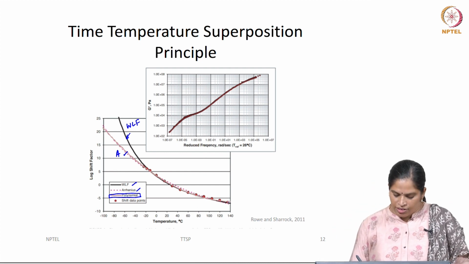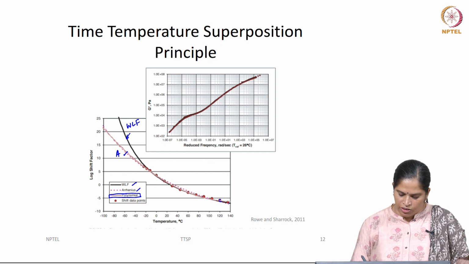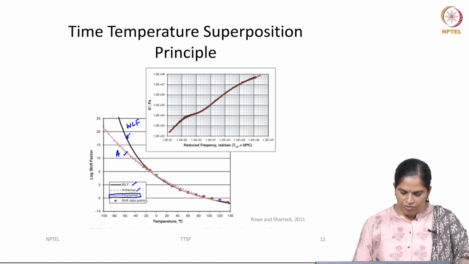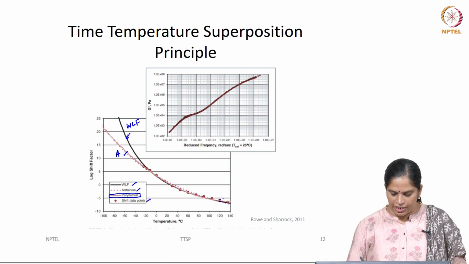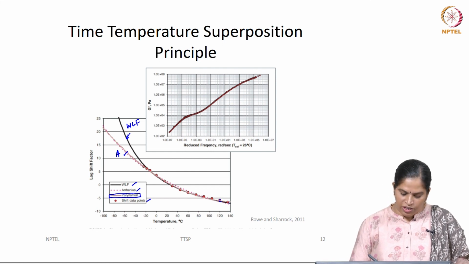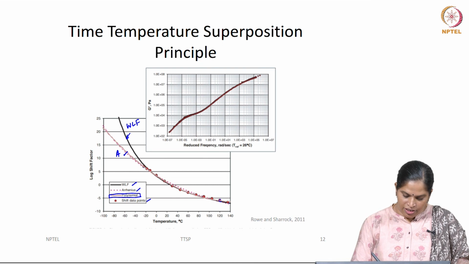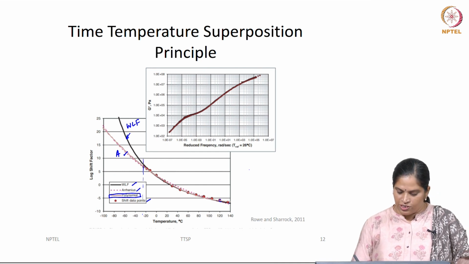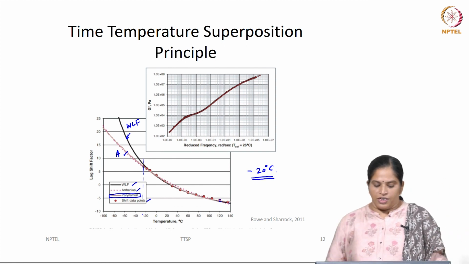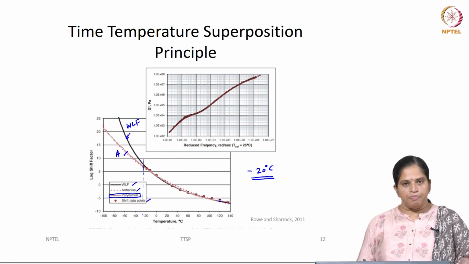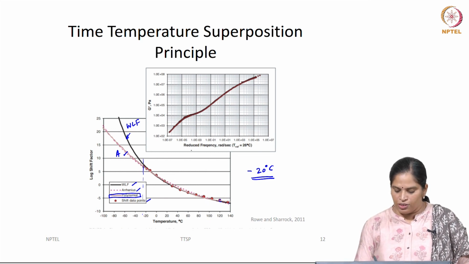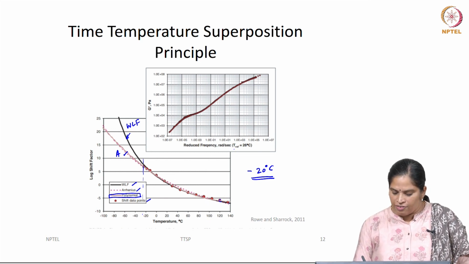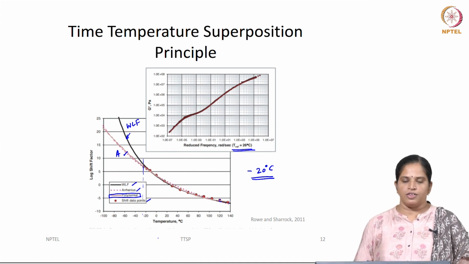Now, if you see the dotted line, the bigger red dots here are the shift factors obtained from the experimental data. You can see the Arrhenius equation deviated from the data and from the WLF equation when the temperature is less than minus 20 degrees Celsius. This is the shift factor obtained while constructing the master curve for bitumen at a reference temperature of 26 degrees Celsius.